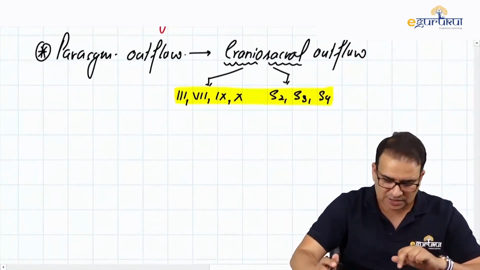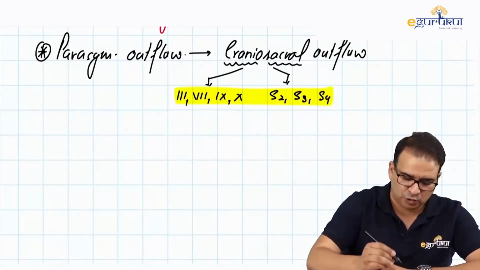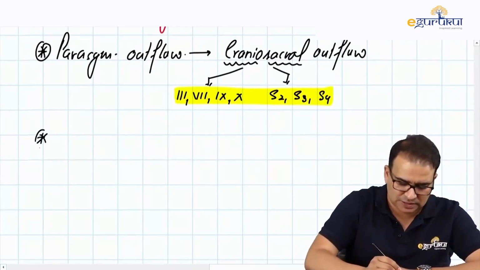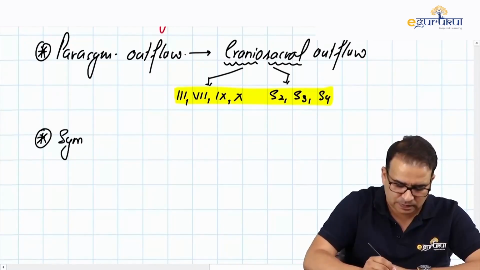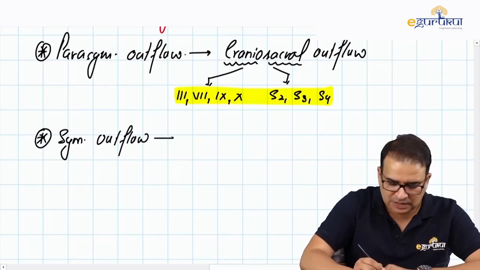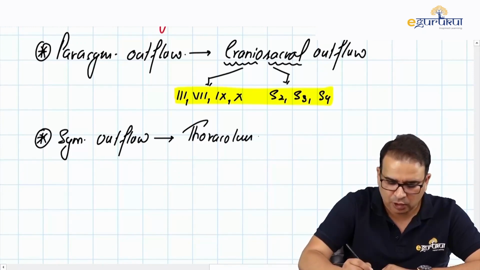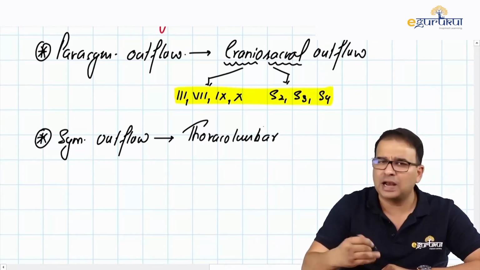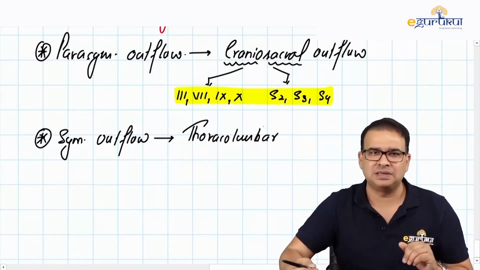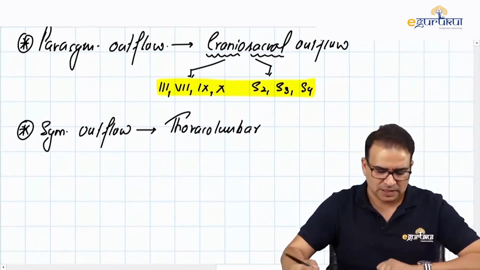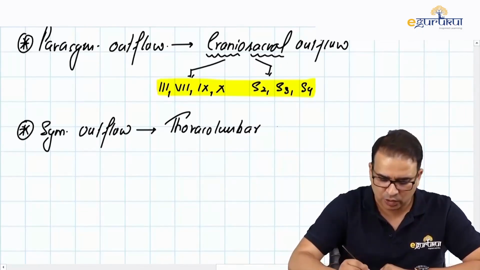And because they've already asked a question on the parasympathetic outflow, no wonder they can ask it on the sympathetic outflow also. Now, sympathetic outflow is called what? It is called the thoracolumbar outflow. Although we'll discuss it in neuroanatomy, because I'm talking about the parasympathetic, why not talk about the sympathetic as well?